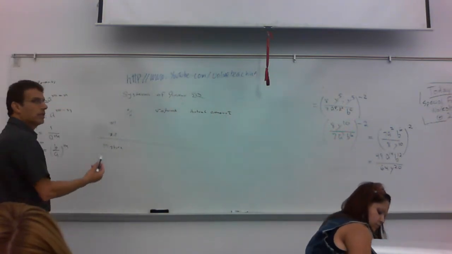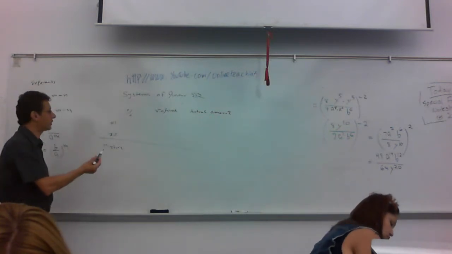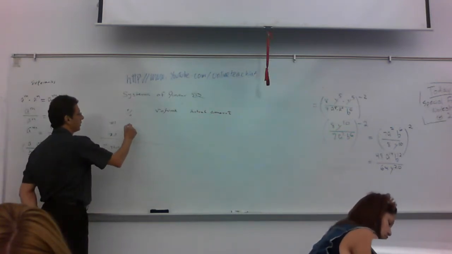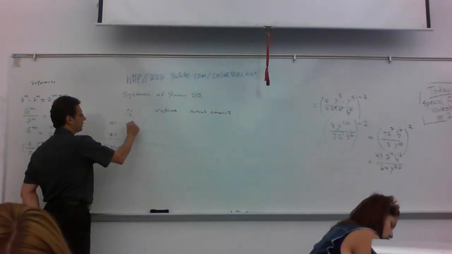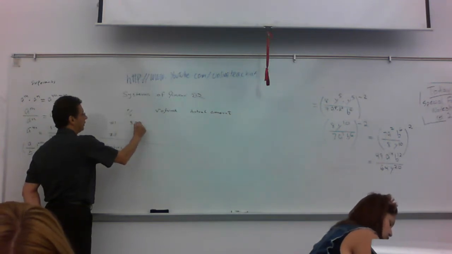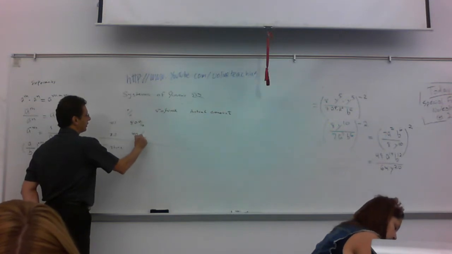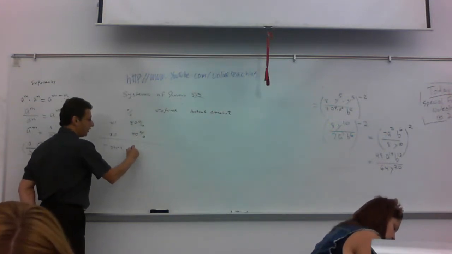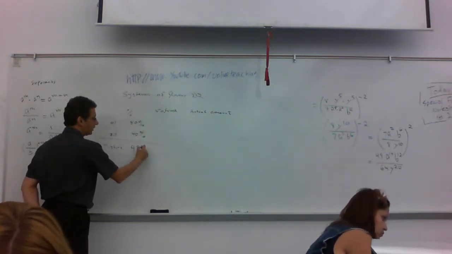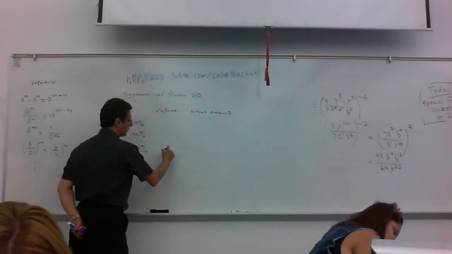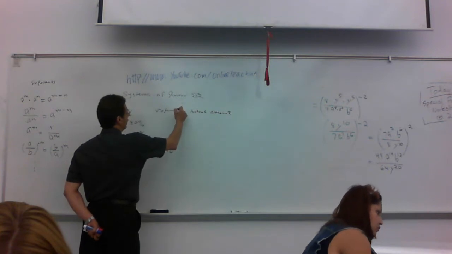So what are we mixing? The 2 types that we are mixing: 80% and 40%. And the mixture is 48%. And how much of it do we get? 10 liters. So the volume is in liters.